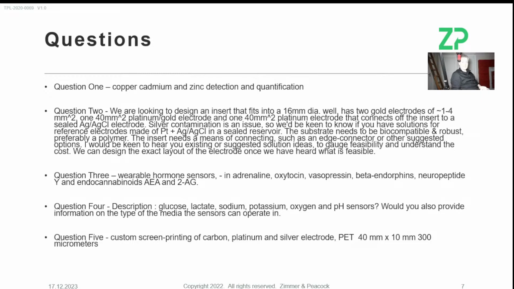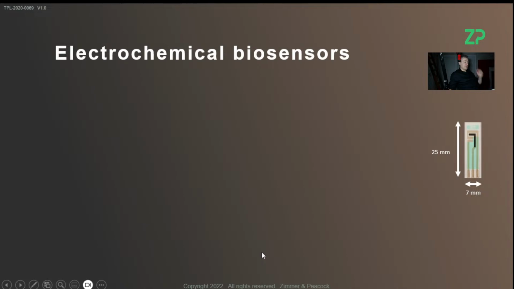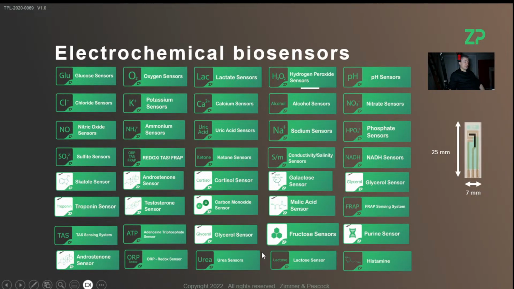I understand these people are trying to make a microfluidic device, and they want to use what we manufacture as the substrate for it. But you might have to think about having a base for your microfluidic device, with the screen printed part being an insert into it. Otherwise, you're loading up a lot of cost on that screen printed electrode part, and you're not going to be happy with the cost.